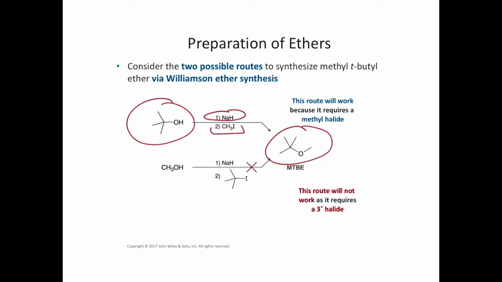However, this bottom reaction won't work because here we're using the methanol as the nucleophile after we deprotonate it with the sodium hydride, and then we're trying to attack a tertiary halide, which does not work with SN2 reactions. They're just too hindered. There's too much bulk around this carbon atom for that nucleophile to actually get in there and kick out the iodide.